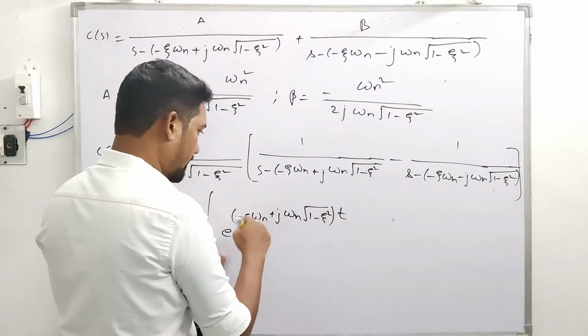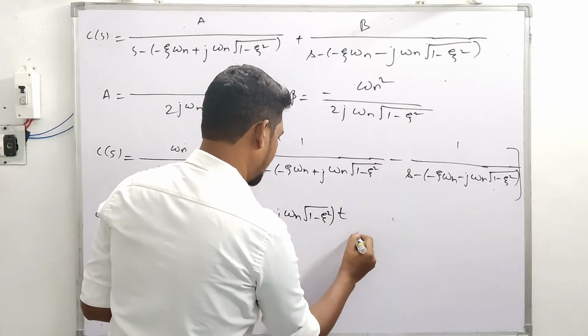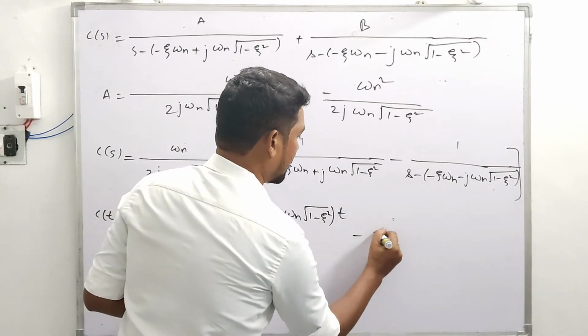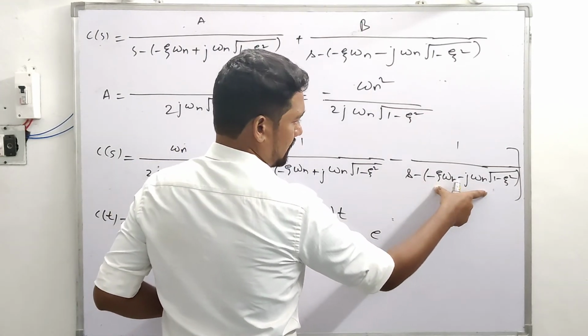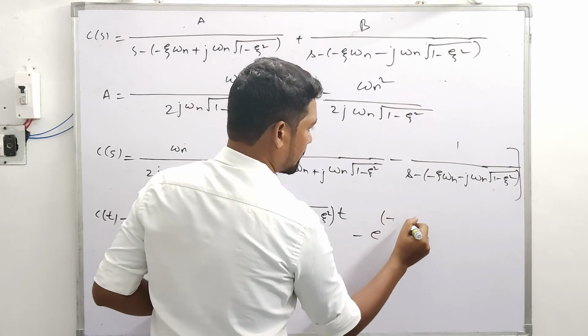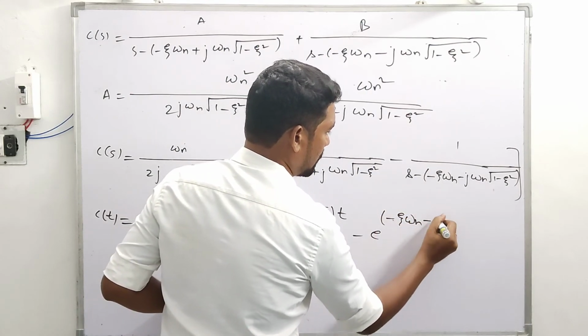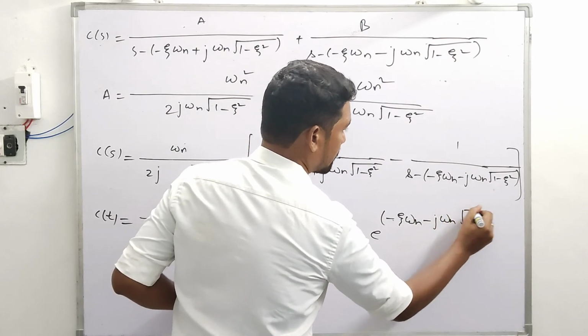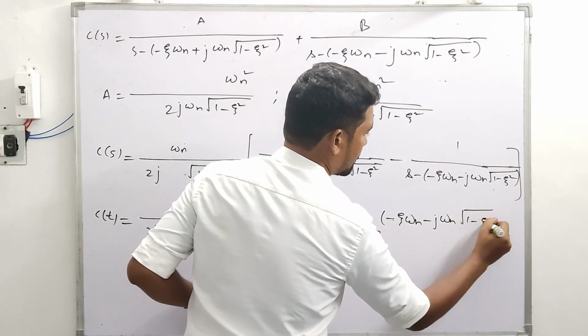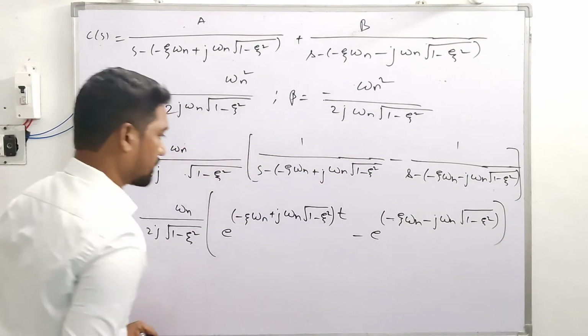So t, we are converting that in time domain, and this negative appears as it is, and e power this as it is, so it will be minus zeta omega n minus j omega n into under root 1 minus zeta square, close the bracket for this one.